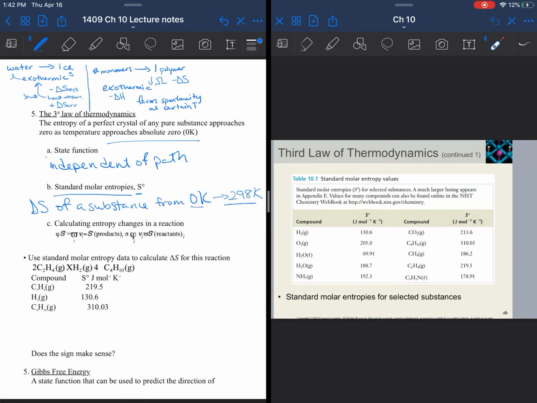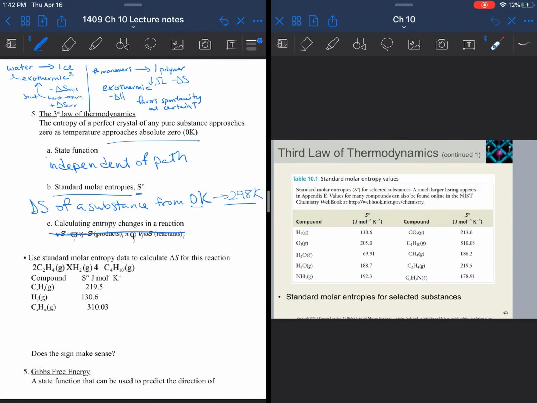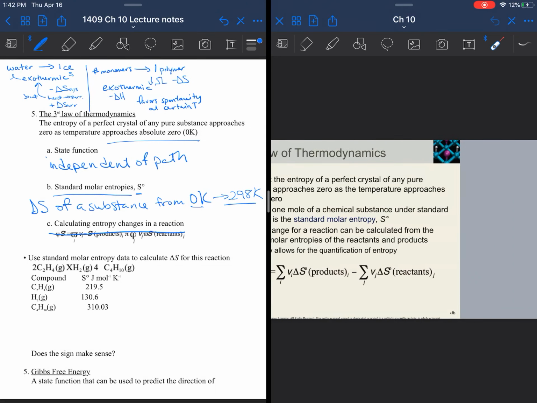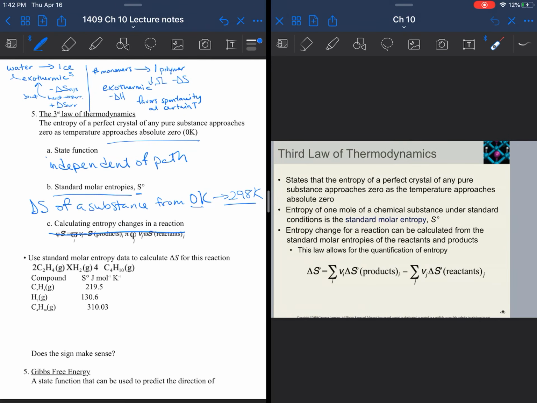Now, when we go to calculate entropy changes in a reaction, on the lecture notes that I gave you, you don't have these weird typos, so what I want you to do is just disregard this side of the screen and look at this right here. This equation should look very familiar to you.